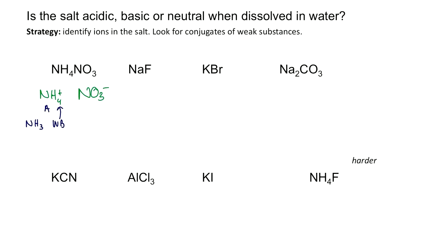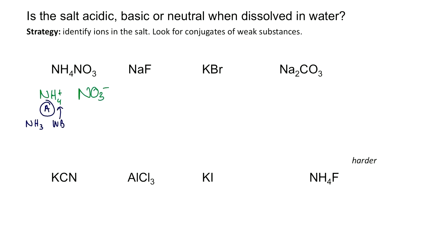So ammonium is going to be acidic versus nitrate. What about nitrate? What is that going to be? Acidic, basic, or neutral? It might look basic because it's the anion, but let's think about it. Nitrate is the conjugate of what acid? So how do you make a conjugate? You either add or remove a proton.